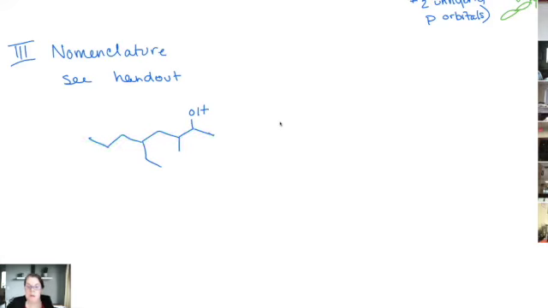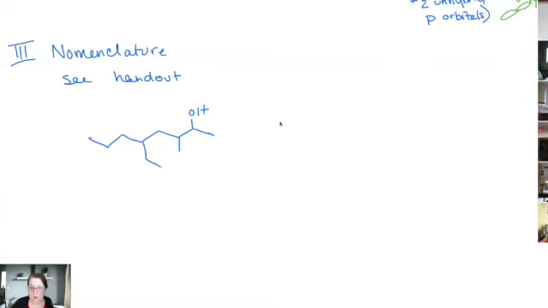How many carbons did you find in your longest chain? 8. I'm seeing some people mouth 8. Did you get 8? All right, so look on your root list and what's 8?